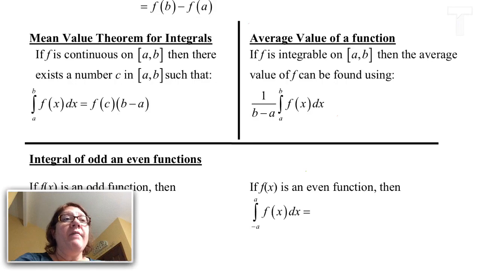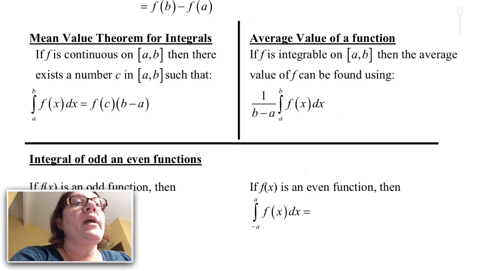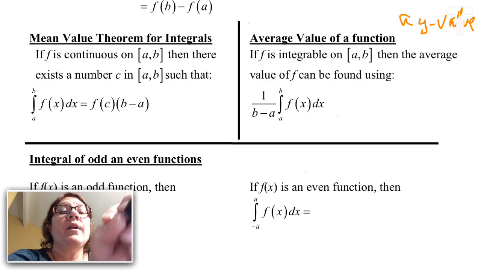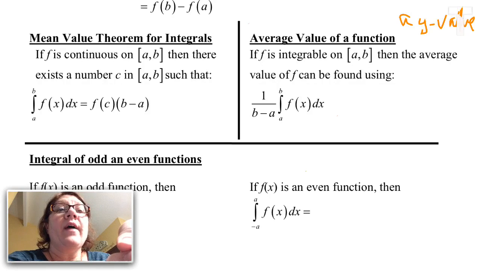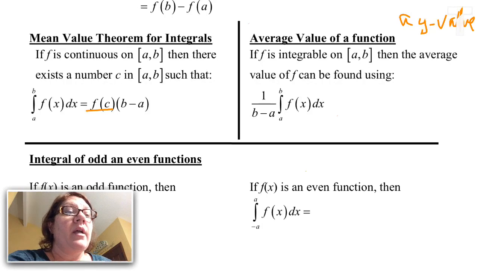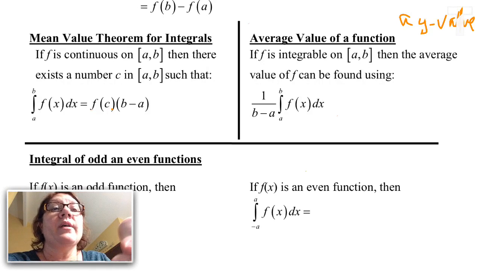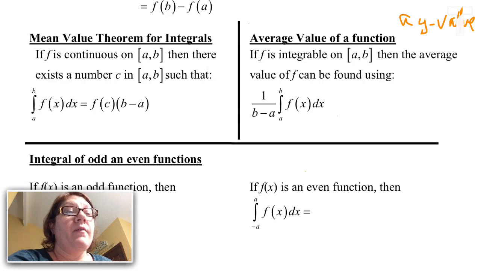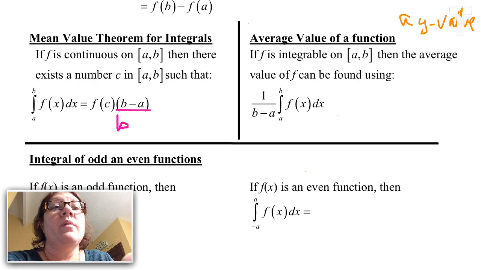And then think of the average value of a function really as nothing more than a y value. And if I take the mean value over here and I figure out, hey, here's the y value, f of c, and I'd like to get him by himself, so if I choose to do that, I could divide both sides by b minus a.